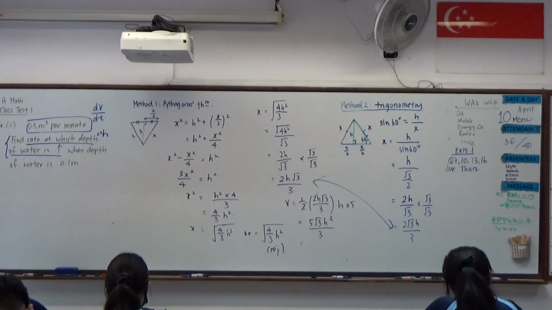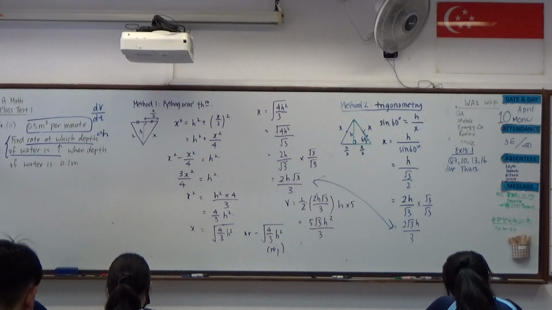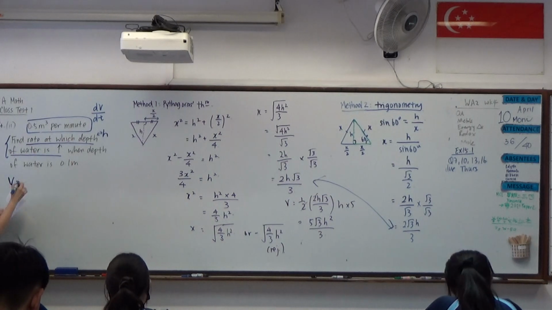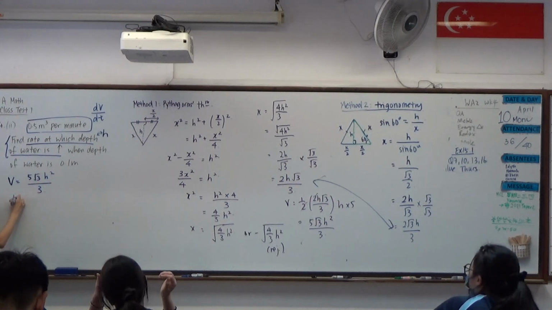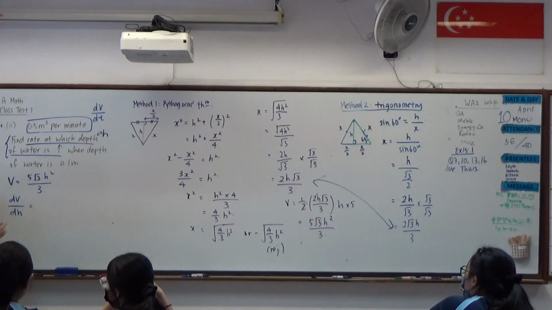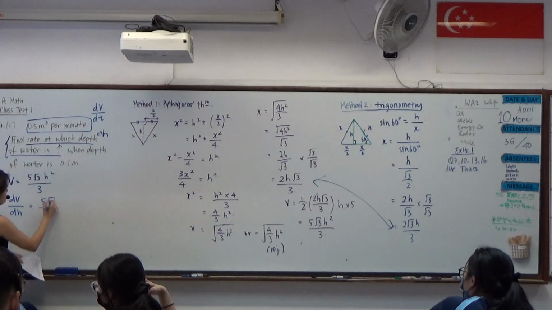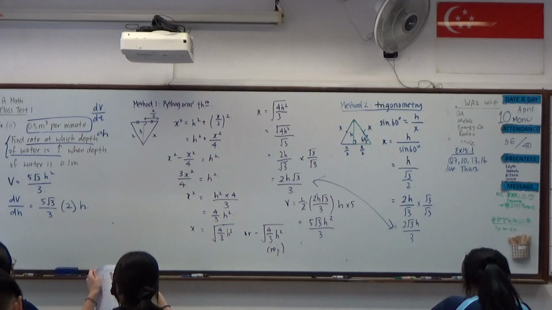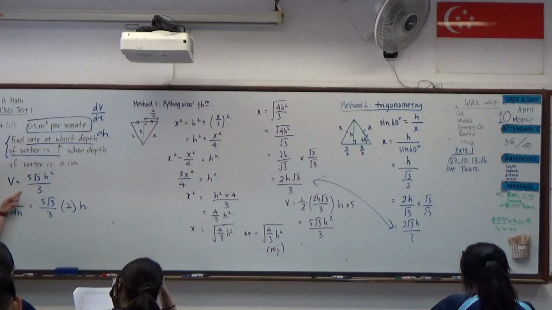The missing connection is to have something that has both dV and dH inside it. And that could be arrived at since I know that V equals 5 root 3 H squared over 3. I can differentiate this and arrive at 5 root 3 over 3 times the 2 brought down, and then we get the H. Some of you make your life a little bit complicated by using the quotient rule over here.